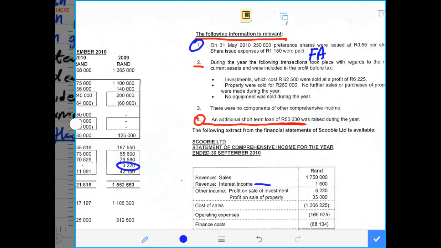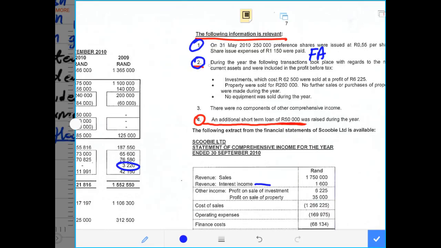Additional information number 2 was based on the sale of some assets. So that is where the main focus will be.